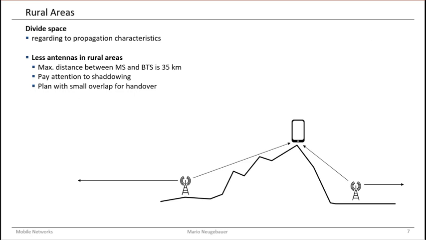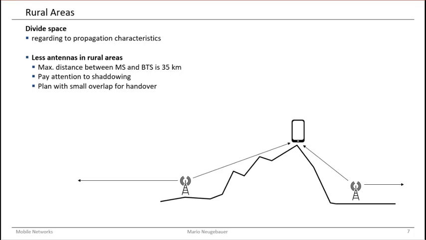So how about the rural areas? If we go into rural areas, what is special if we want to take the radio propagation into account? If we look into the characteristics of a mobile station and a base station, an antenna, you see that 35 kilometers is the maximum distance between the mobile station and the base station.